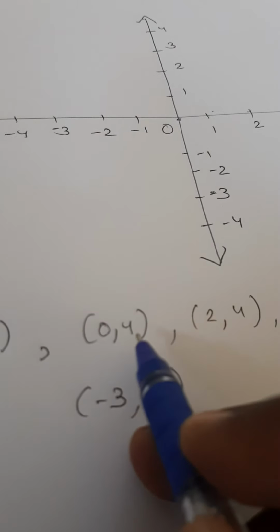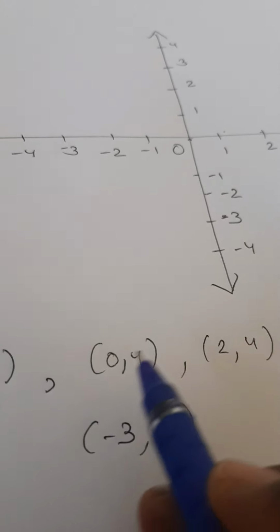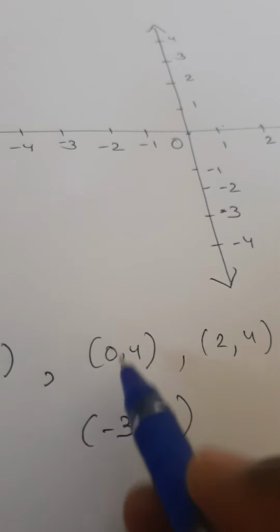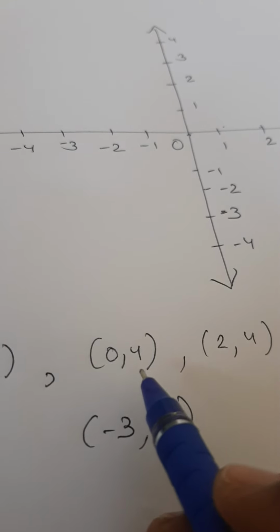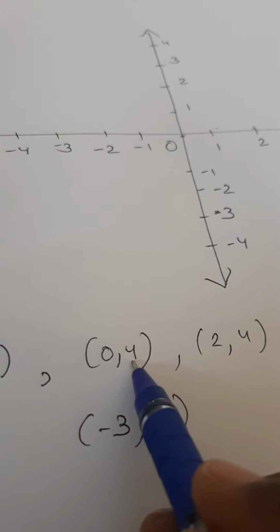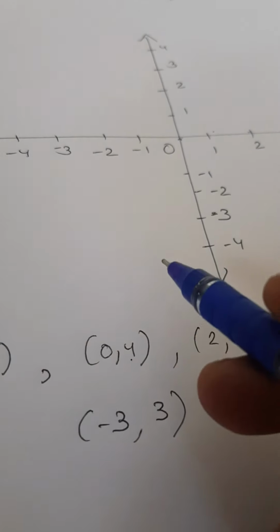What about (0, 4)? As I just mentioned earlier, for (0, 4), as the x coordinate is 0 and we have a value at the y coordinate, this point lies on the y-axis, and as it is plus 4, it lies on the positive y-axis, that is above the origin, right?